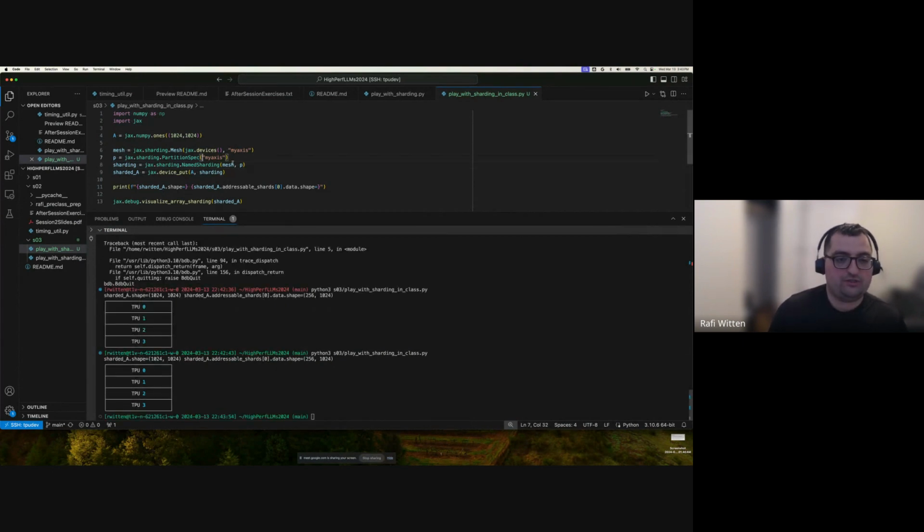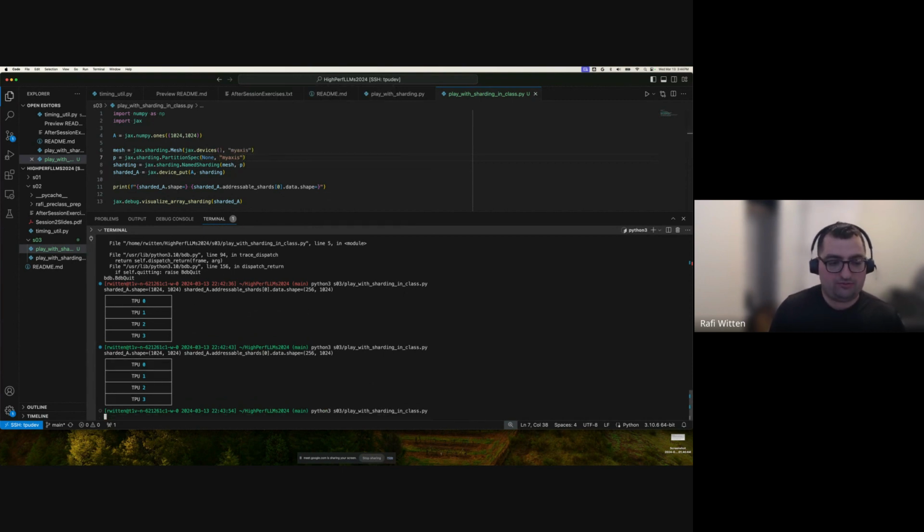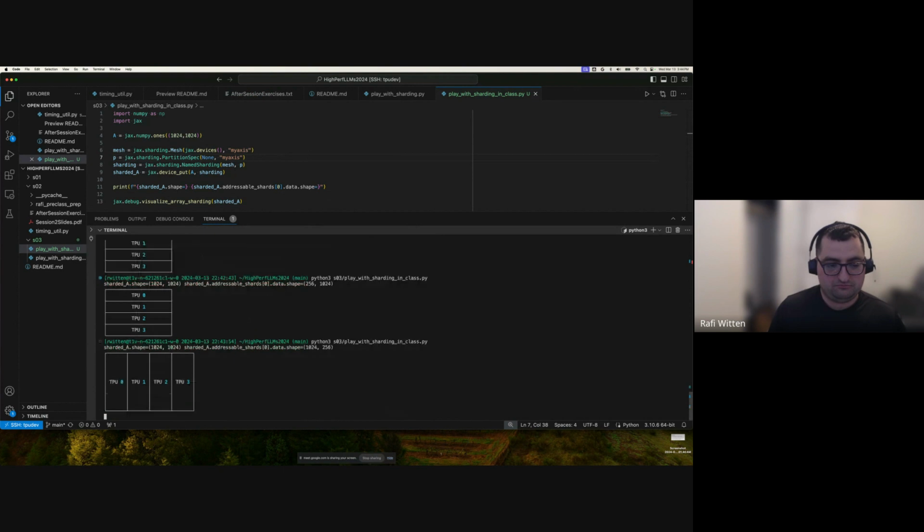And now if we just switch to this, now we're saying to shard over the columns. Does that make sense? So the partition spec is being mapped onto our array, and we're sharding over the axis in the position we want. Hope that helps.